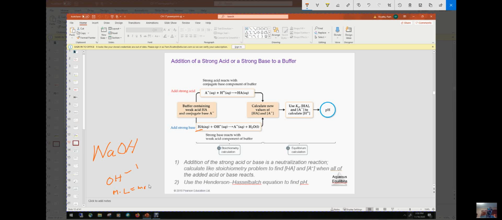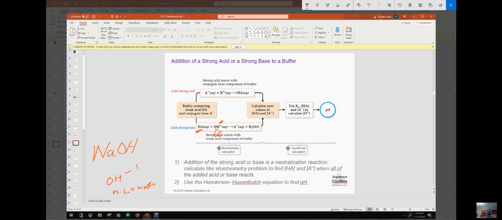If I know how many moles of sodium hydroxide, I compare that to the moles of HA that I started with. Okay? If I don't exceed the buffering capacity, meaning I don't use up every bit of HA, that means this will be the limiting reactant. I'll run out of this.